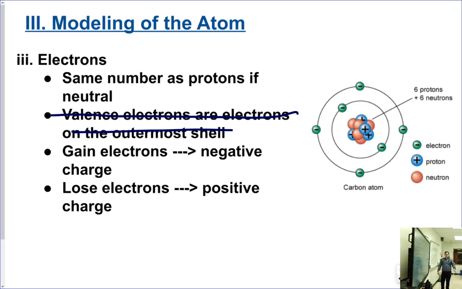But if I gain a bad mood, I become negative. If I lose electrons, or lose a bad mood, I become positive. Think of the electron as a negative 1.